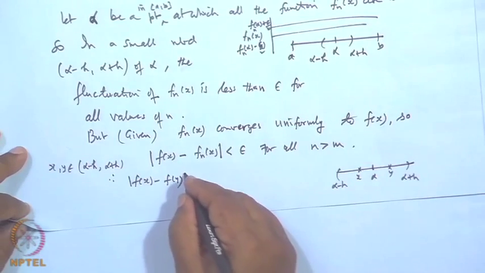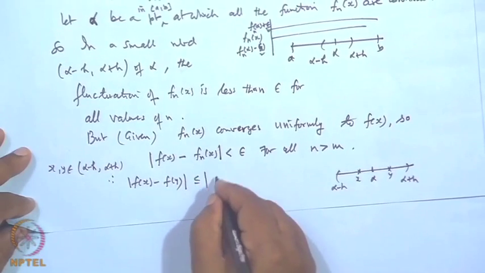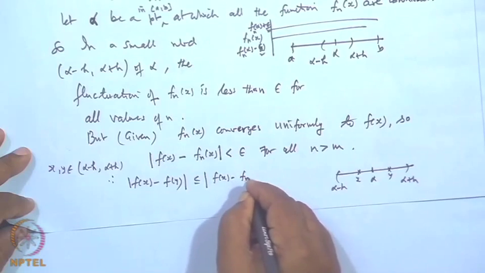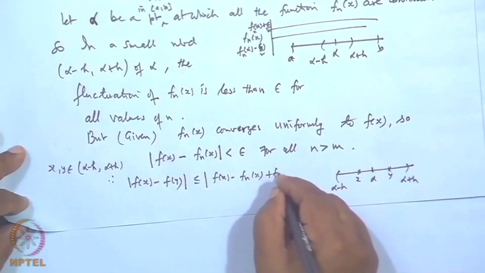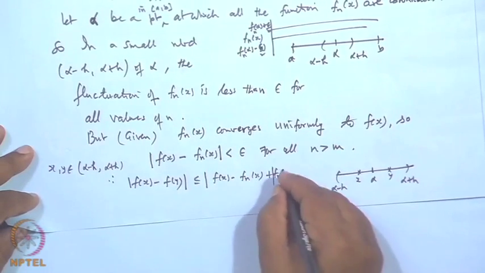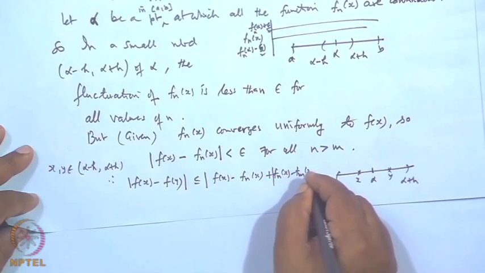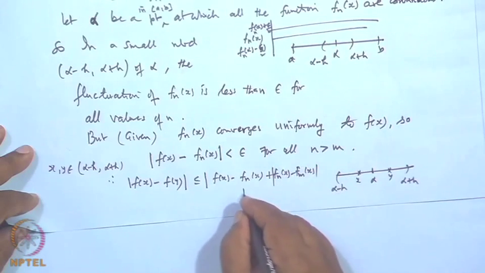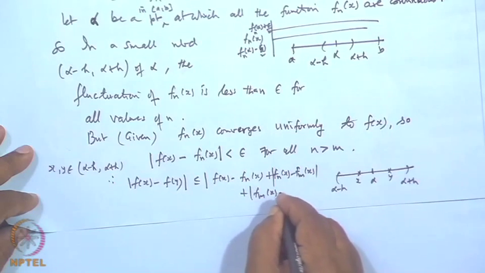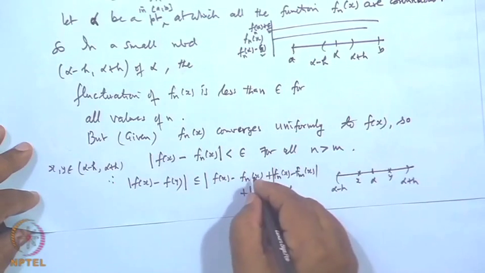Then what will be the modulus of f x minus f y? It is less than or equal to the modulus of f x minus f n x, plus f n x minus f m x, plus f m x minus f y.